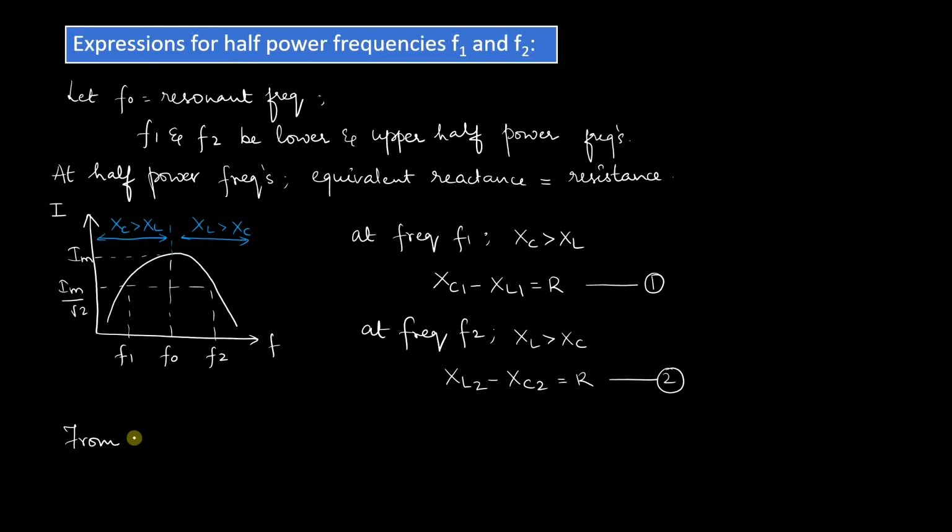Let me consider equation 1 first. So considering equation 1, I have XC1 minus XL1 to be equal to R. Let me substitute in terms of omega.